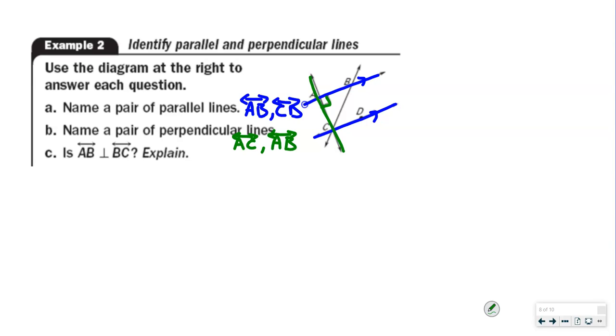And then others, because the 2 blue lines are parallel, that green line also makes a right angle there. So our other option of perpendicular lines would be AC and CD. So either AC and AB or AC and CD.